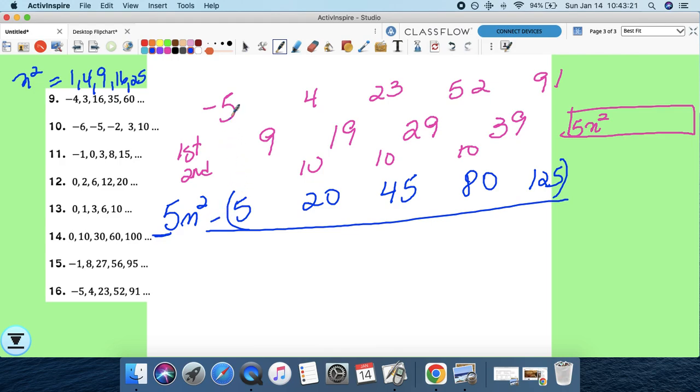Now we're going to subtract. So negative 5 minus 5 is negative 10. 4 minus 20 is negative 16. 23 minus 45 is negative 22. 52 minus 80 is negative 28. And this is negative 34.